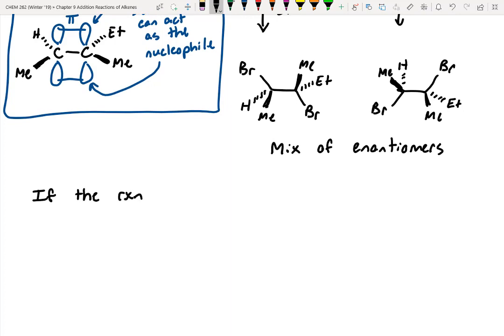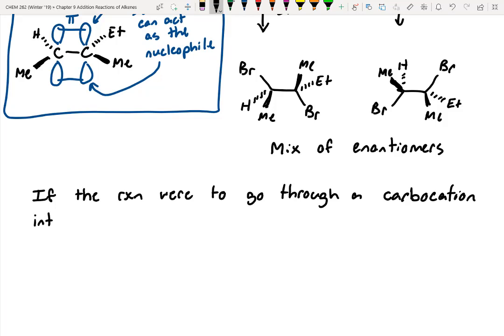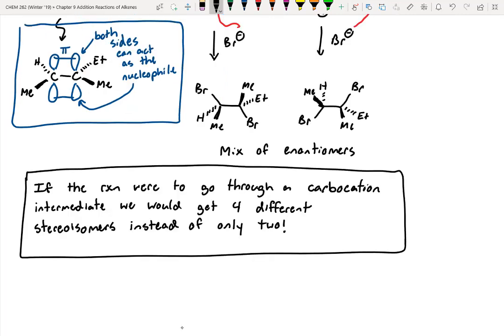If the reaction were to go through a carbocation intermediate, we would get 4 different stereoisomers.